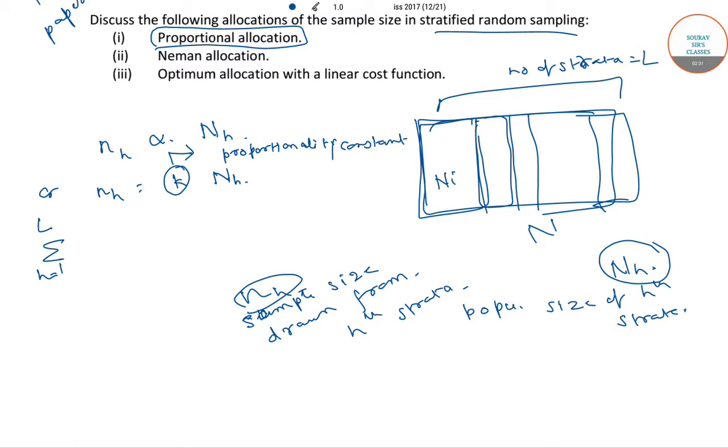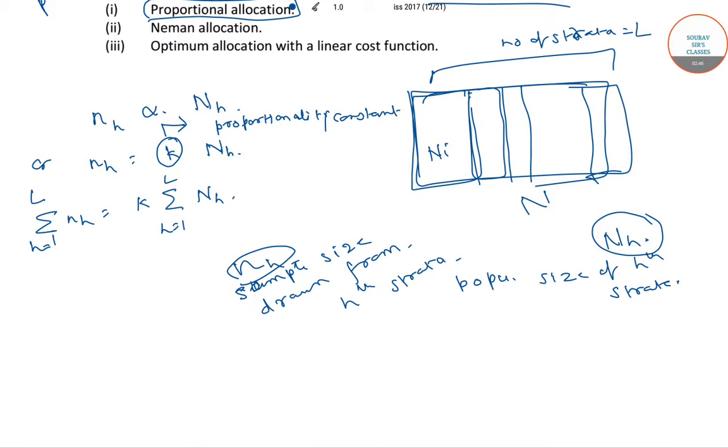So summation h runs from 1 to capital L of small nh is equal to k into summation h runs from 1 to capital L of capital NH. This implies that the summation of small nh is the overall sample size small n, equal to k into the summation of capital NH, which is our overall population size.